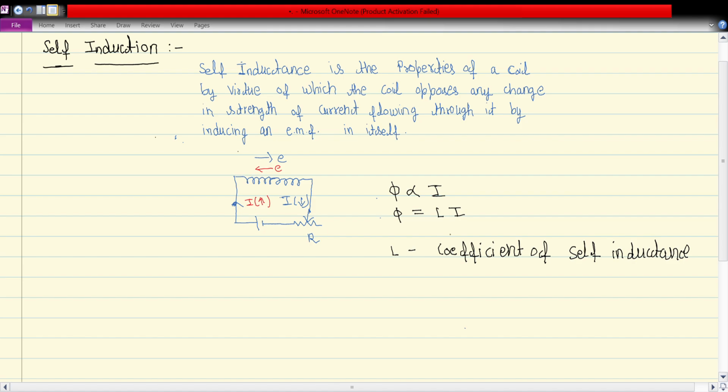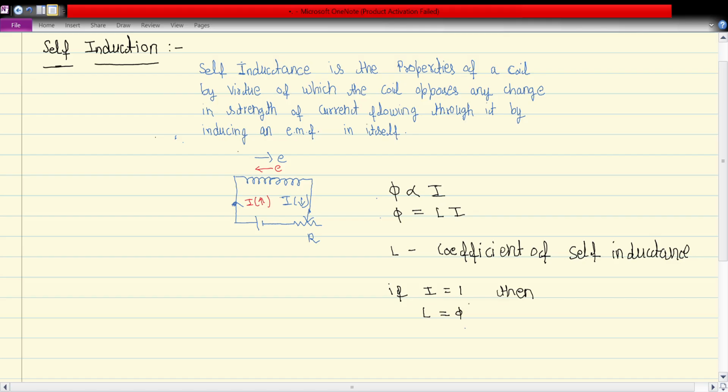Now, L equals phi upon I. If I is equal to 1, then self-inductance is equal to flux.